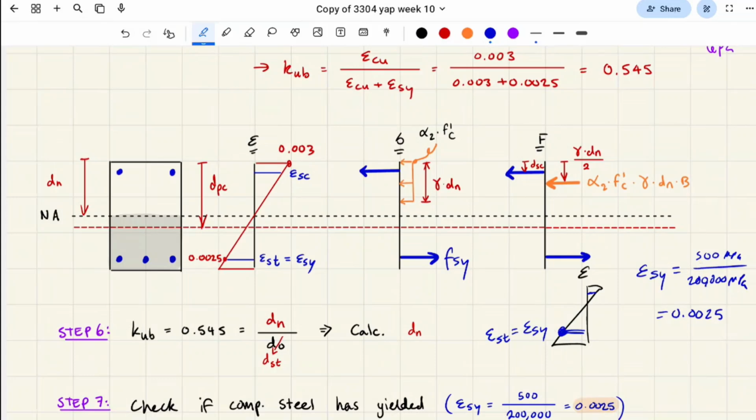Okay. So how can you be sure that we have yielded bars? Wait, can you say that previous thing you said? The strain of the tensile steel is equal to the strain of the steel yield, right? The limit.